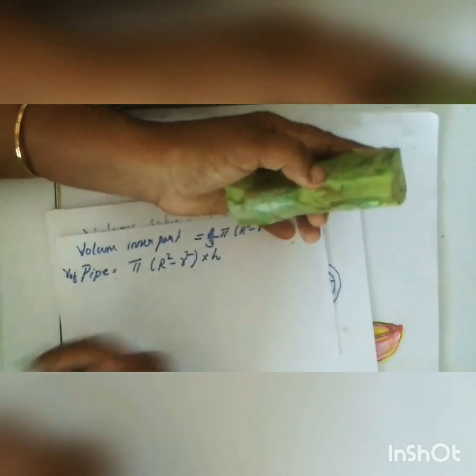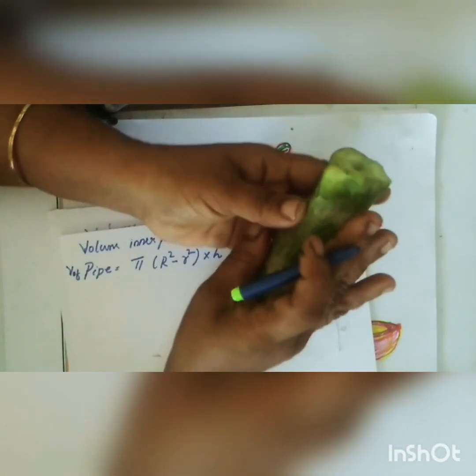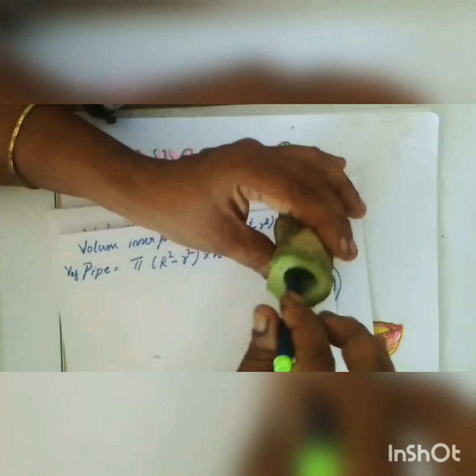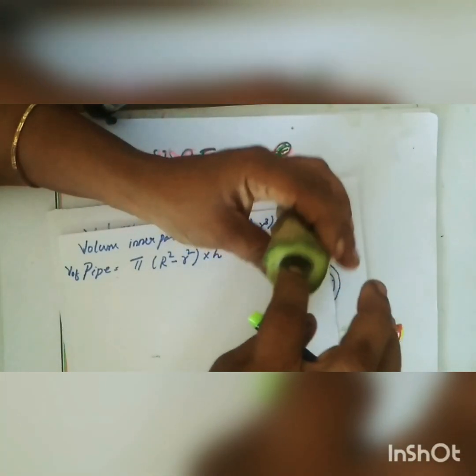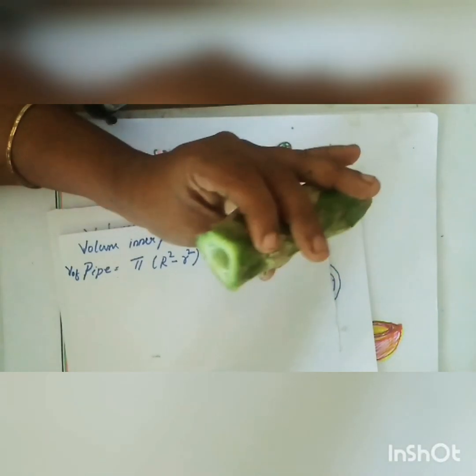Here are two surface areas. Here is one surface area, and inside this there is another surface area. Outside surface area is this, and inside surface area is inside this portion. Outside surface area equals 2 pi capital R h.